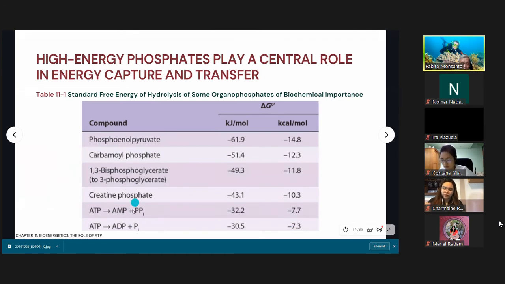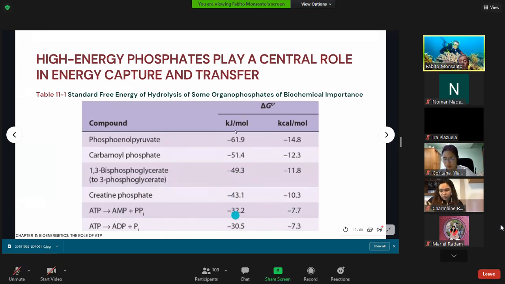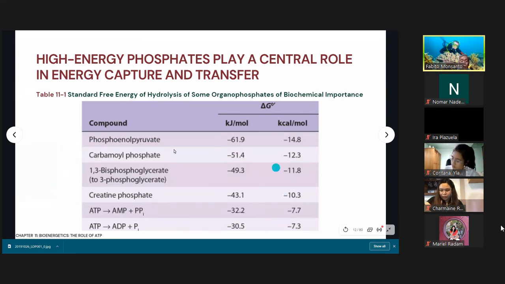If the two phosphates are removed, you have 7.7 kilocalories released. Now this one is kilojoules, but we are mostly using kilocalories. So the highest here is phosphoenol pyruvate with kilocalories of 14.8 or 14.7.